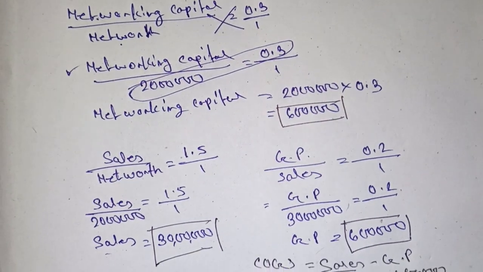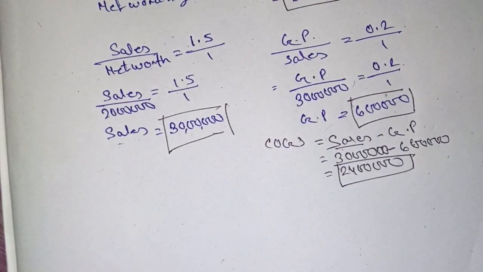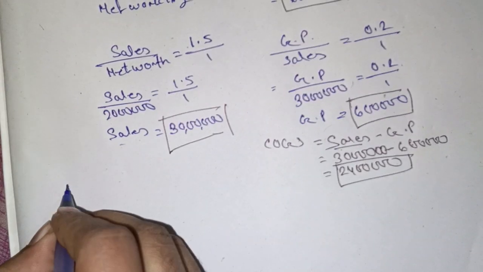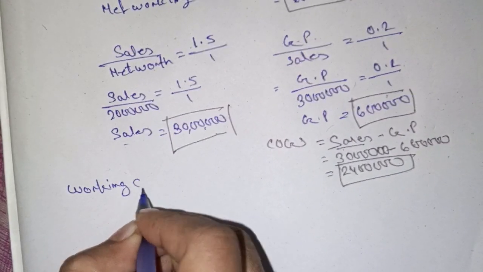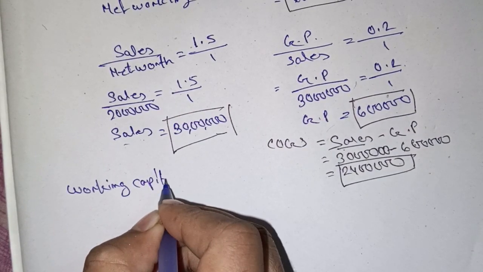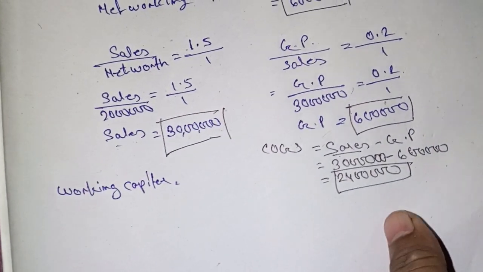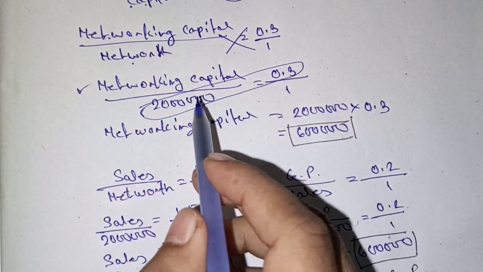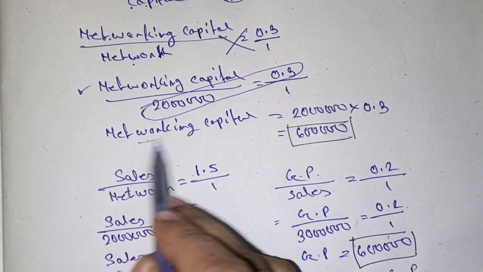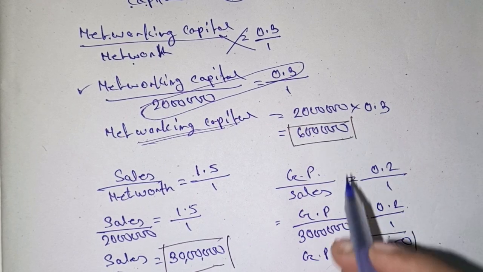Okay, so write it here, that our working capital is given as 6 lakh.